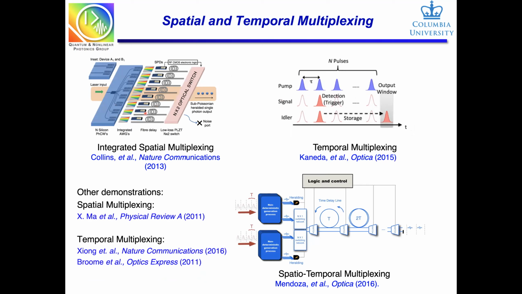The problem, as I'll mention in a second, is that getting to, let's say, 20 sources is very challenging, because in order to get into that regime, you have to scale up the system and the losses start killing you. Actually, what you find is that if you go above a certain point, it hurts to keep scaling up because the losses get really bad, deleterious for the photon generation process.